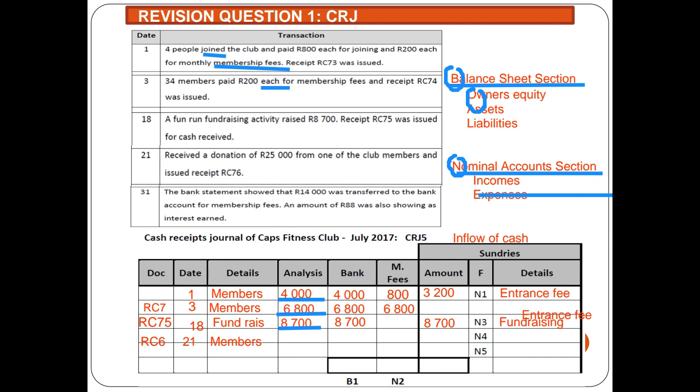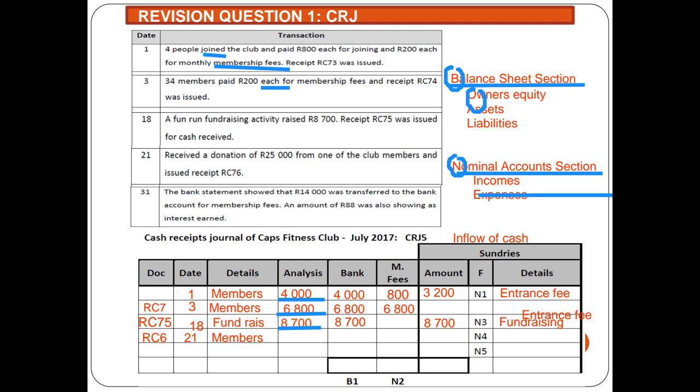Let me just align it. I want it to be aligned. The system is doing funny things, but it's okay. What is this amount for? Sundries. We record it on the sundries, which is 25,000.